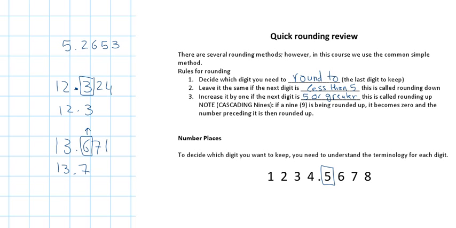I'm looking at the 6 because that's the second number after the decimal, right? What comes after the 6? 5. Because it's 5 or greater, what do I do with the 6? Round it up, right? So it's going to be 5.27. Are we okay with that?